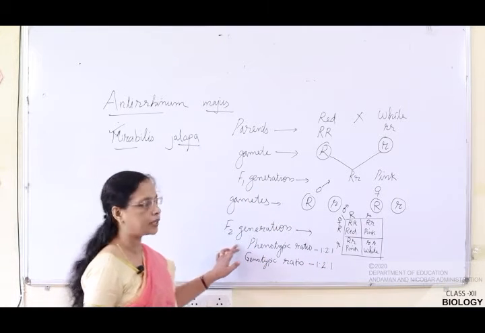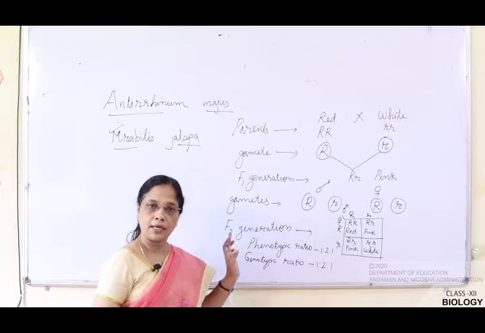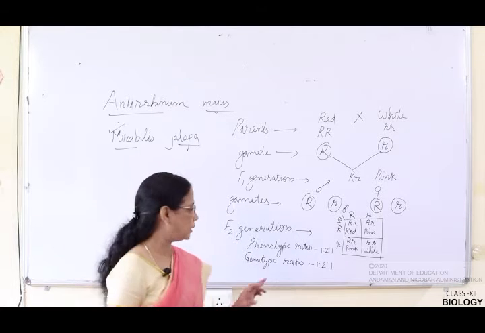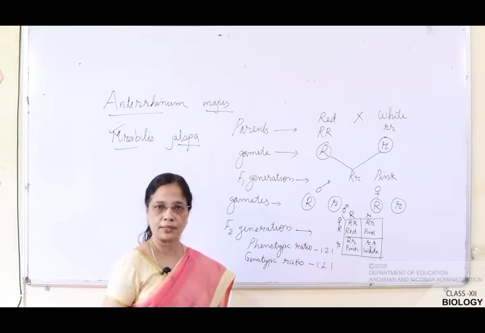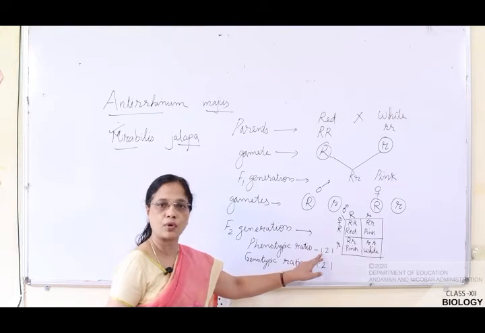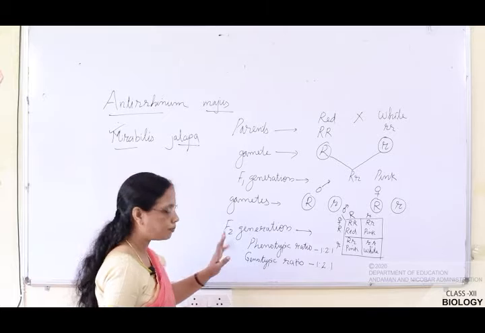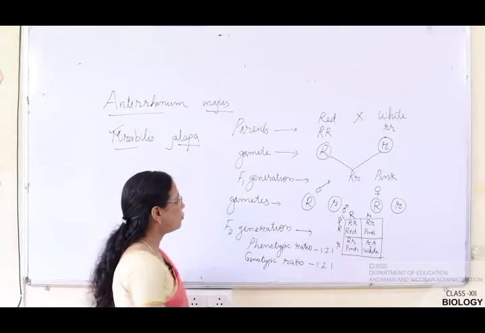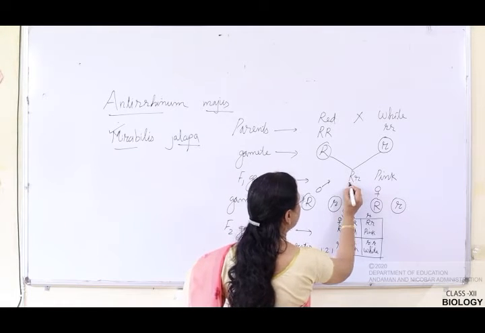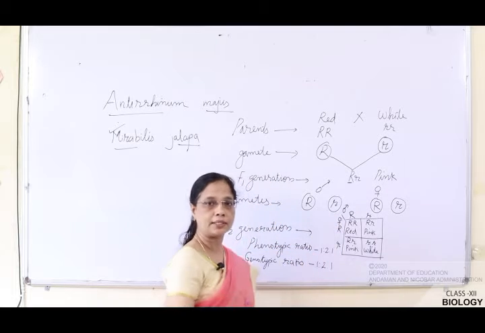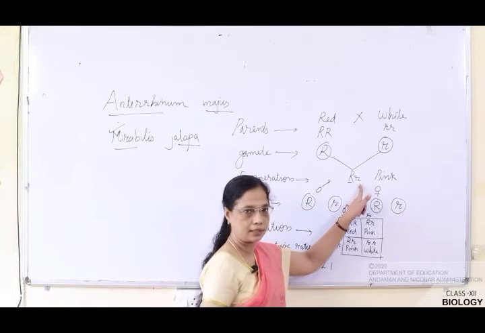Again, the phenotypic ratio is also altered. In pea plant, what we have seen, the phenotypic ratio is 3:1. Here the phenotypic ratio is 1:2:1. That means phenotypic and the genotypic ratios are same. So what we have seen here, this allele is unable to dominate completely over the other allele.